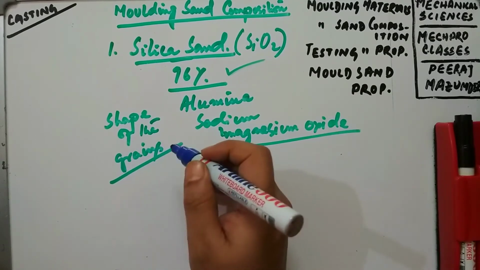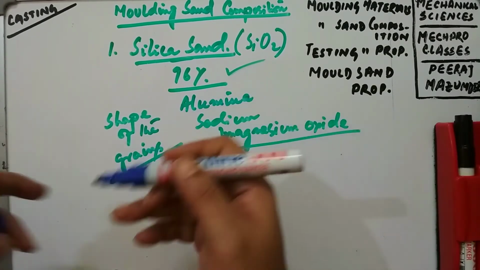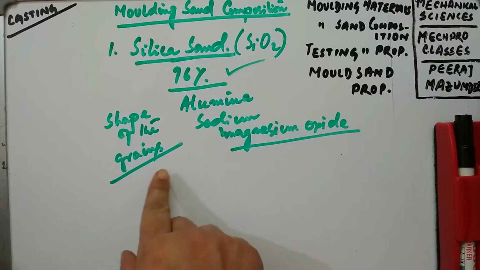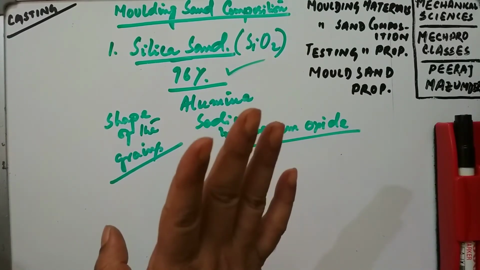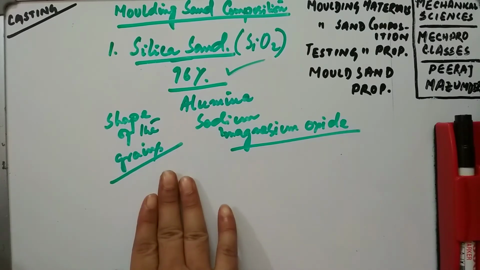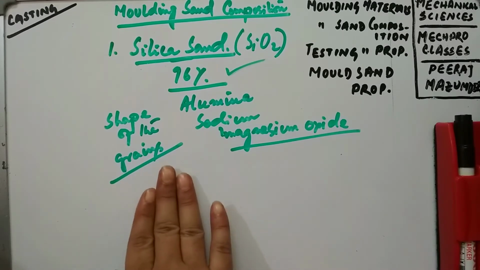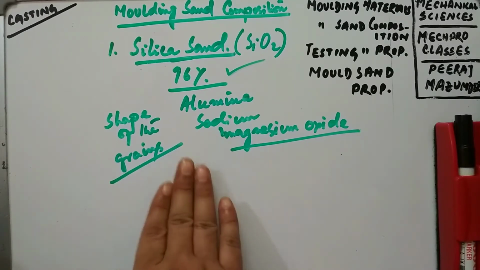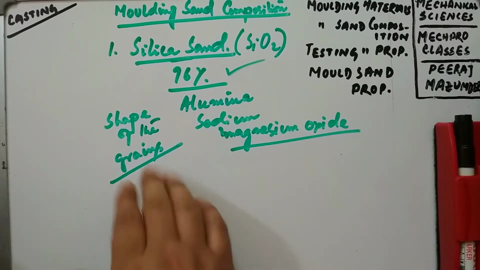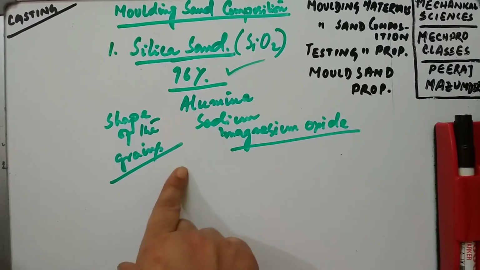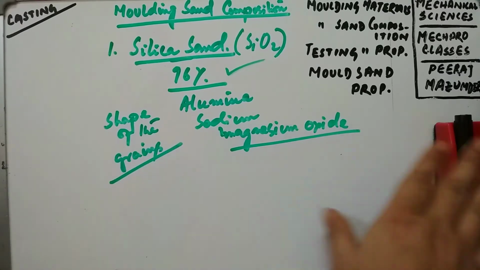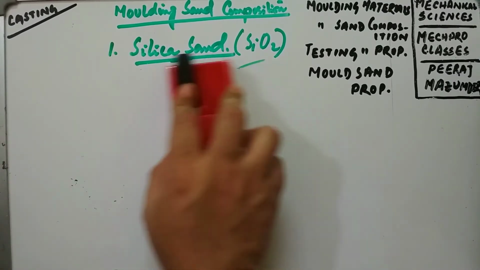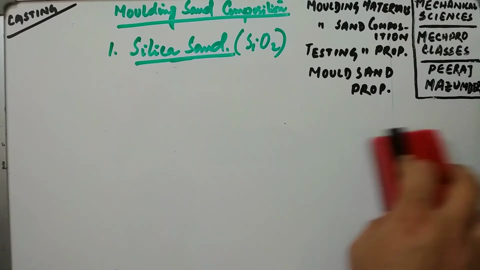The shape of the grains may be round, subangular, angular, and very angular, and the size and shape of these grains greatly affect the properties of the molding sands. You need not know this right now, but it is very useful for different purposes that we will be discussing later on, and in your lab also the teachers will be discussing it with you. The shape of the grains plays a vital role in the properties of the molding sand.